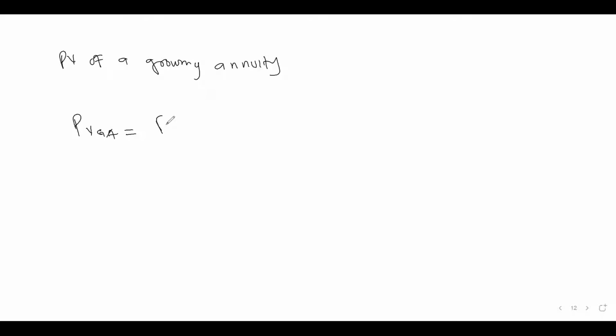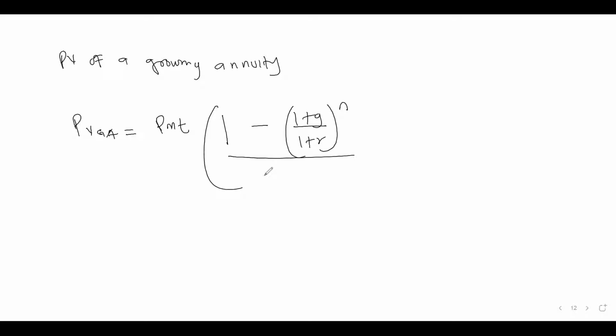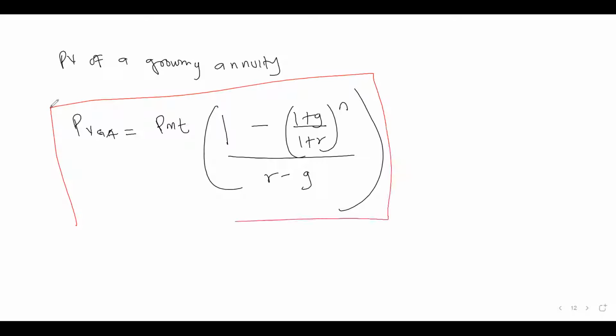The formula is simply the payment into brackets 1 minus 1 plus J all over 1 plus R raised to the power N all over R minus J. So this is the formula of present value of an annuity that is growing.